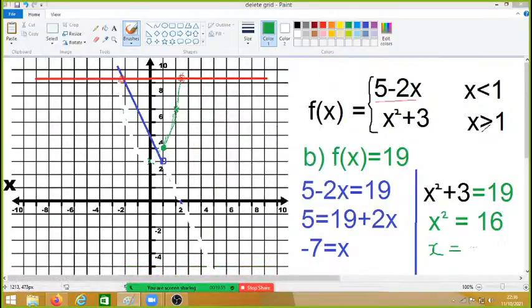And then out of those, you want to just choose the right one. Remember, we're looking at the green section of the graph. The green section of the graph only works for numbers bigger than or equal to 1, so it can't work for the minus. So it's just the plus 4 we need. Okay, and that's how you solve a split function.